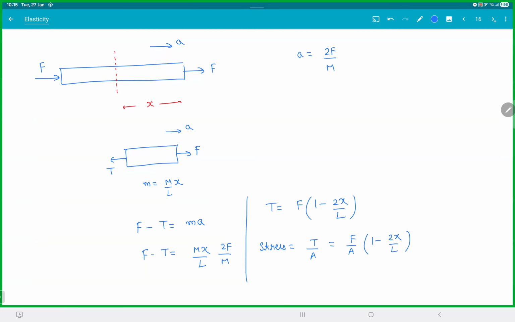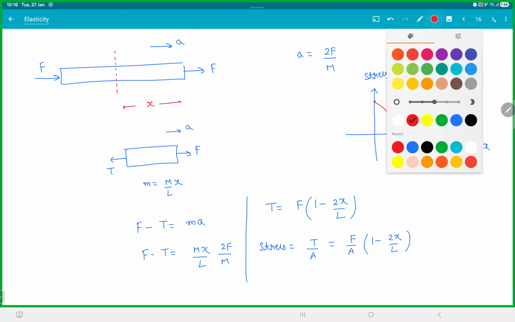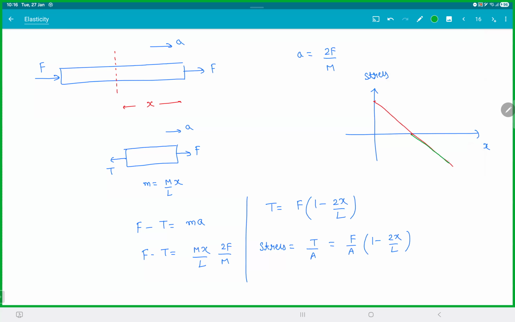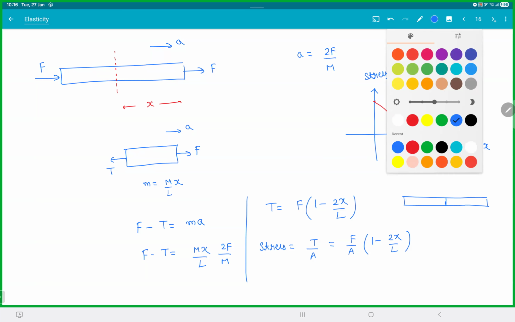So if you actually look at the graph, this thing is interesting. When x is 0, the stress is positive. It actually goes into negative territory. So why is that happening? What's actually happening is the front part of the rod is getting elongated.